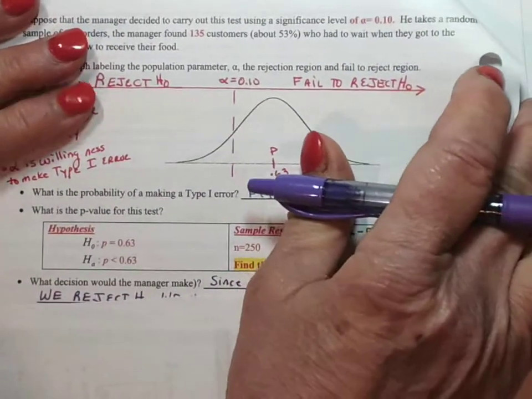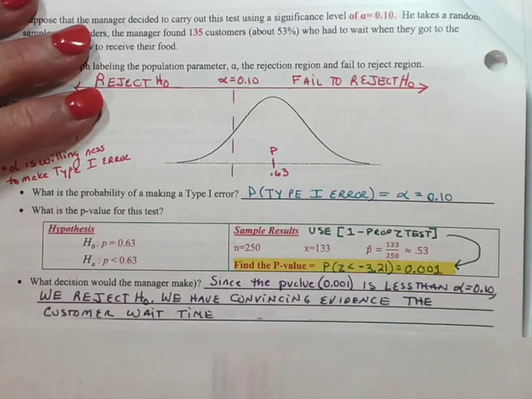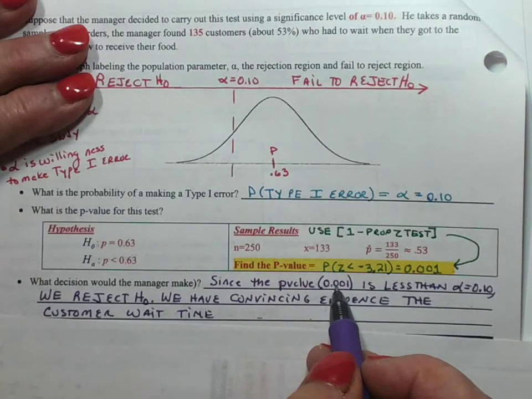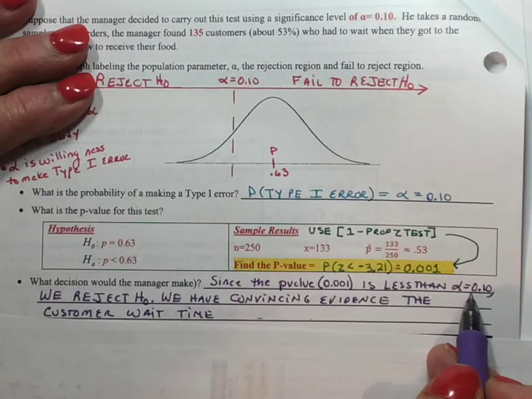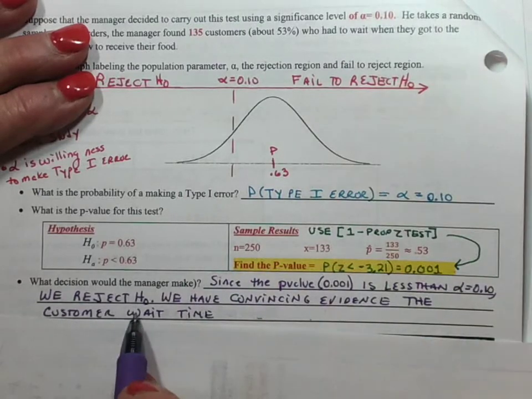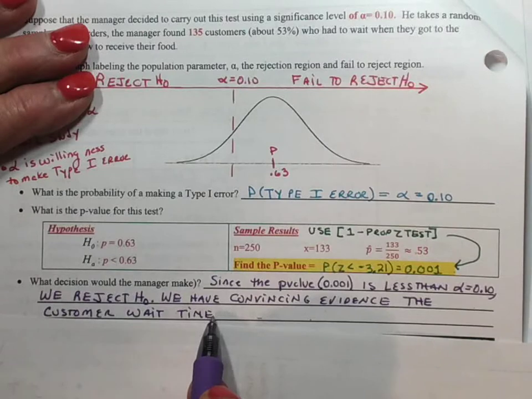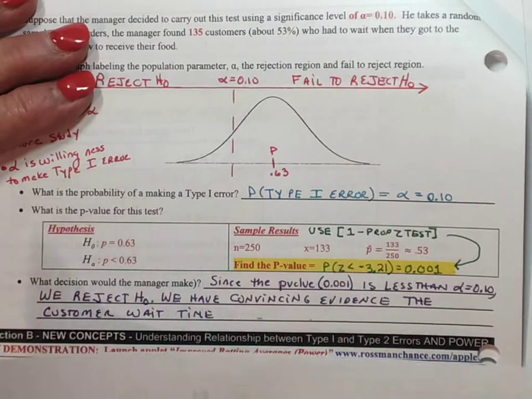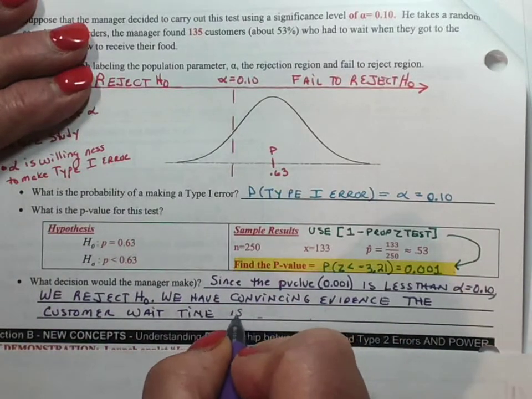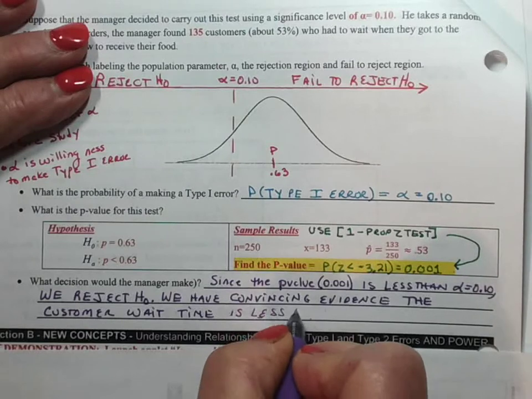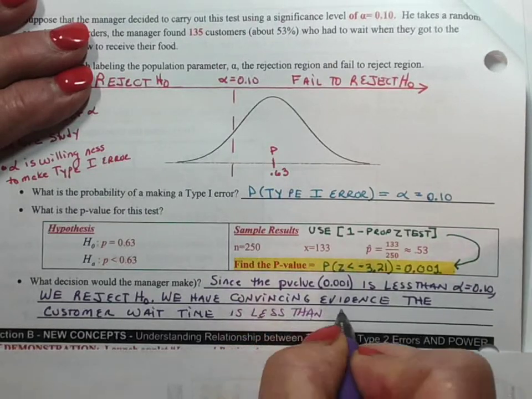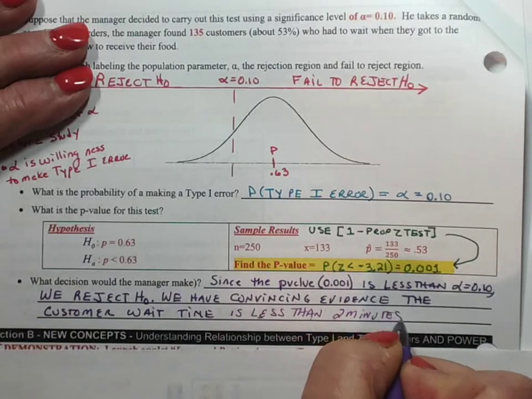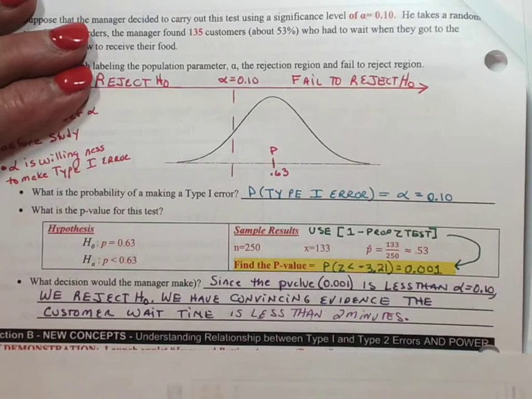Okay, and since the p-value, or you could say approximately 0, is less than alpha equals 0.10, we reject H0. We have convincing evidence the customer wait time is less than 2 minutes. Okay?